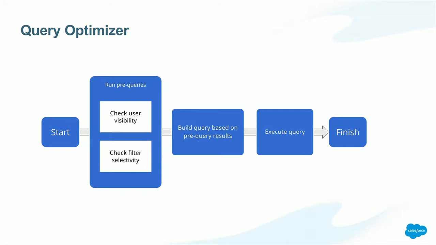But first of all, I'm going to explain how the query optimizer works. Okay, it's not the main goal of this presentation, to try to understand how the query optimizer works. It's the tool that Salesforce uses to create the query and then execute it in the Oracle.